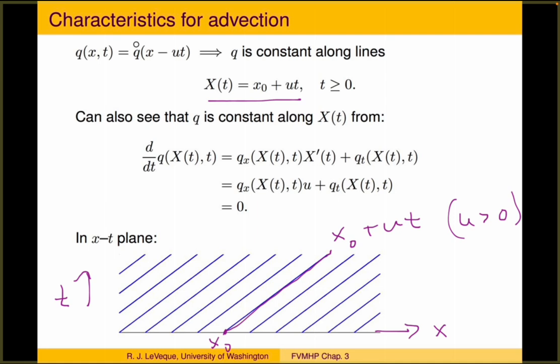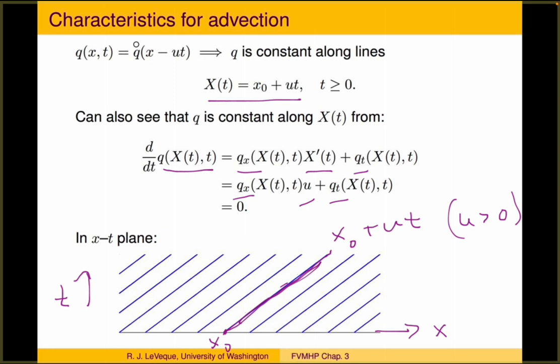And if you look at the solution along one of these curves, if we take q and evaluate it at some point X(t) at time t, different points along the same curve, then you can easily calculate that if you differentiate that with respect to time as you move along this characteristic curve, you get dq/dx times X'(t) plus dq/dt, but that's exactly q_x times u, the advection velocity, plus q_t, and according to the advection equation that is 0.